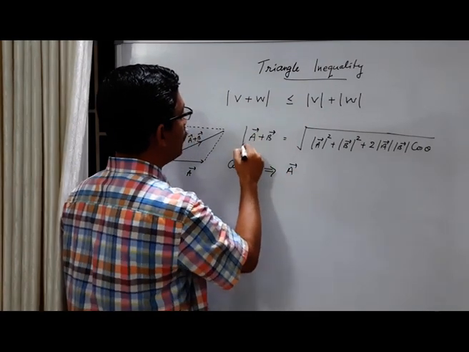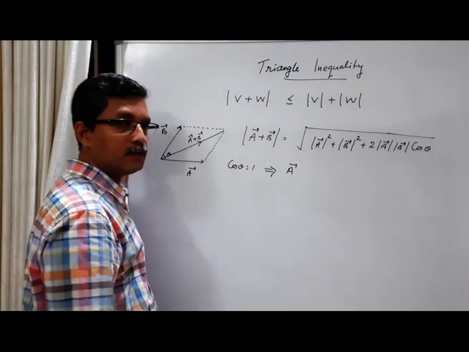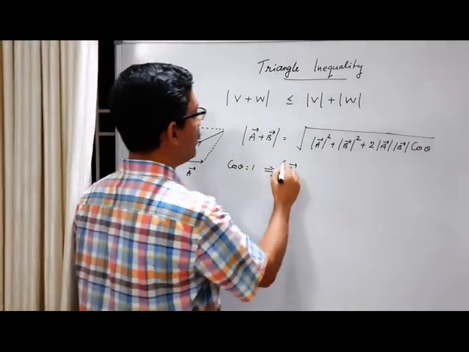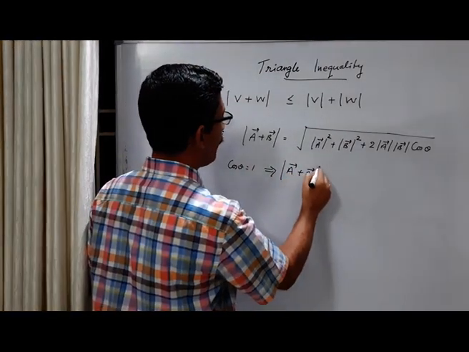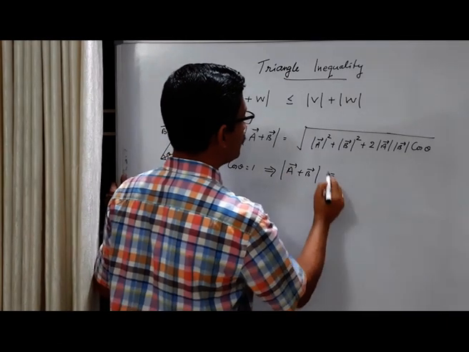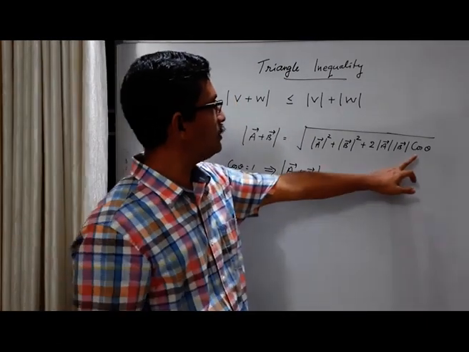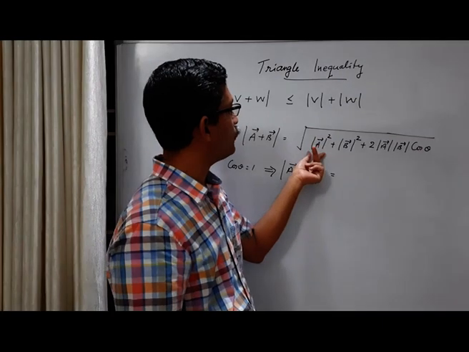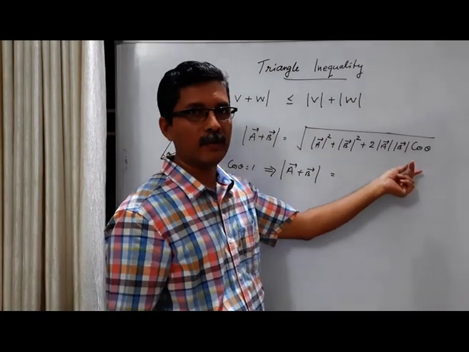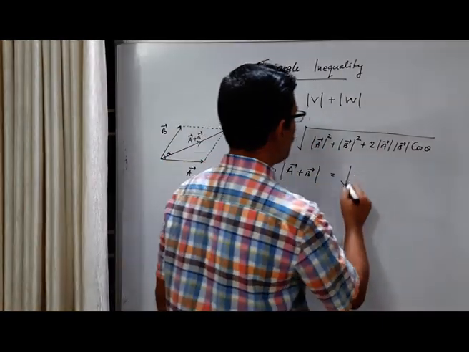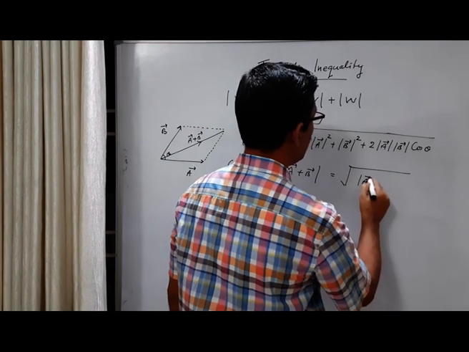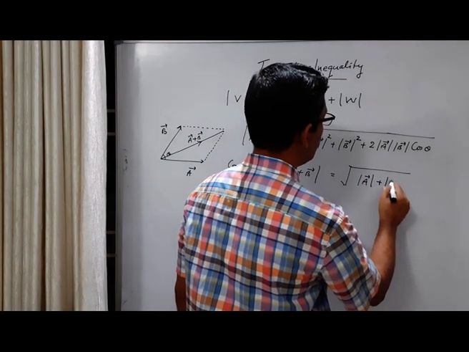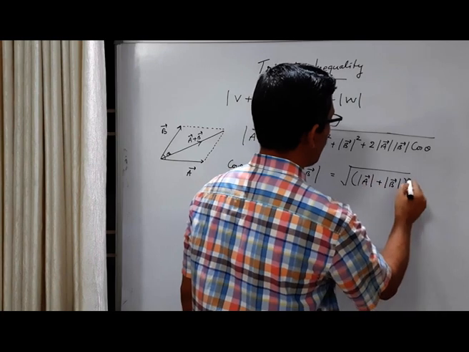Okay, this is actually the modulus of A plus B, the magnitude of A plus B. So when cos theta is 1, what you get is square root of A square plus B square plus 2AB, which you can write as square root of mod A plus mod B whole square.